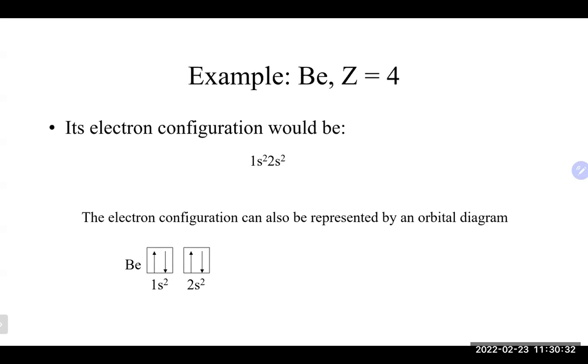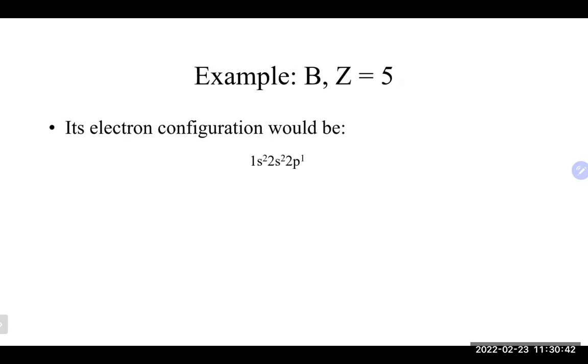Continuing on, number 5 on the periodic table is boron, which means it has 5 electrons. By the way, can I put any more electrons in that 2s orbital here? I cannot, so I need to follow my zigzag and come to the next one, which should be our 2p orbitals. And here we would have 1s2, 2s2, 2p1.